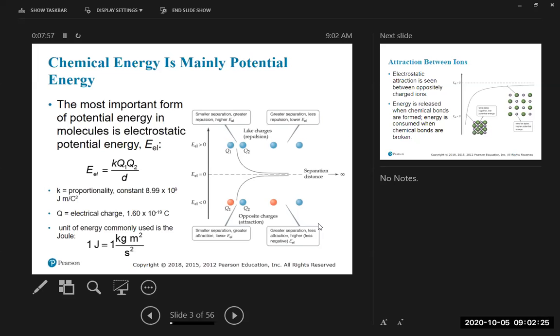On the bottom, potential for something good to happen is greater when you are close. Potential for something good to happen is less when you're far apart. So conceptually, that diagram on the right kind of tells us what the numbers that we'll generate on the left using that formula would mean.